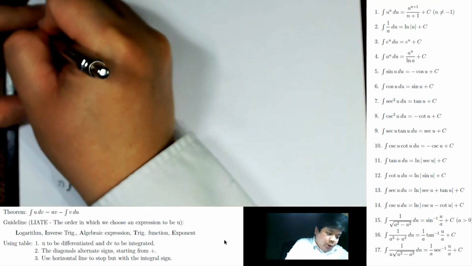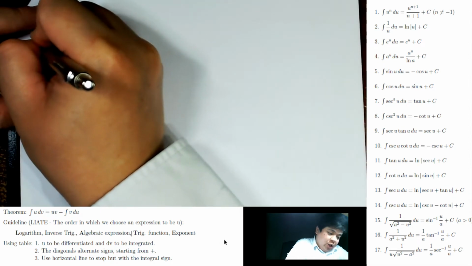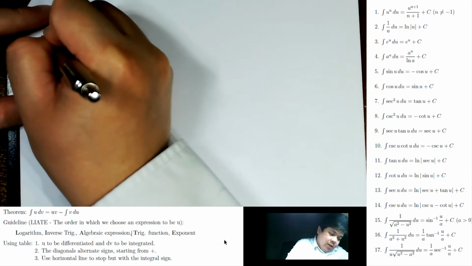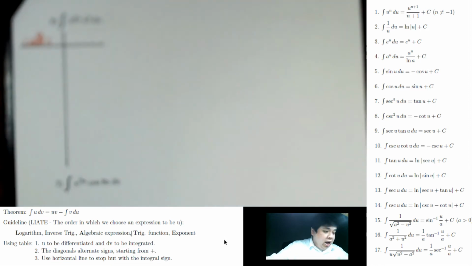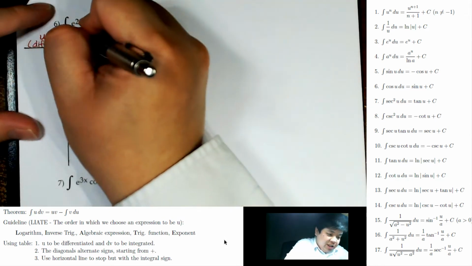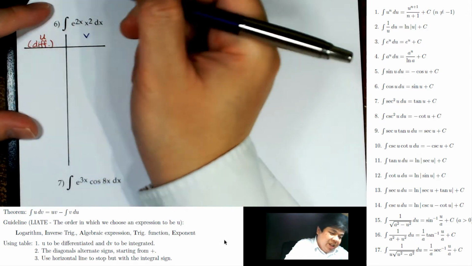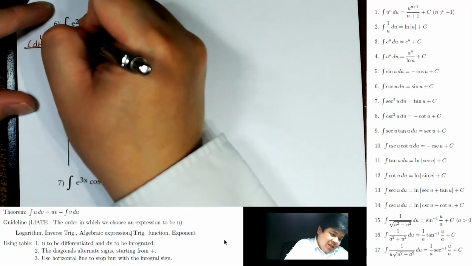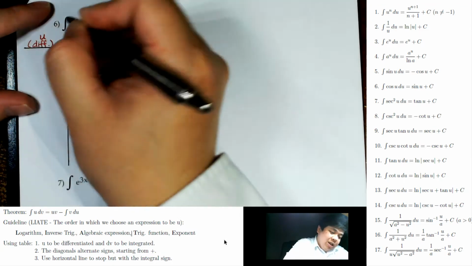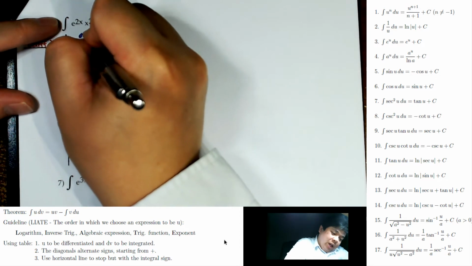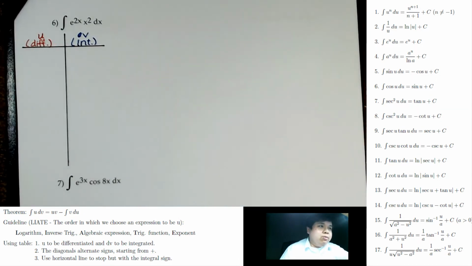So u is whatever we differentiate, and then we have dv, just v, is whatever we integrate. Right. So the choice of u, let's check again.